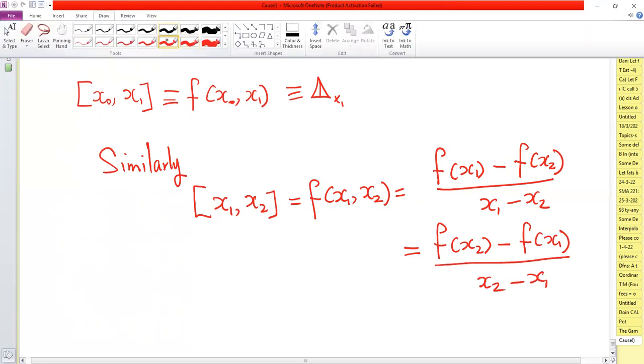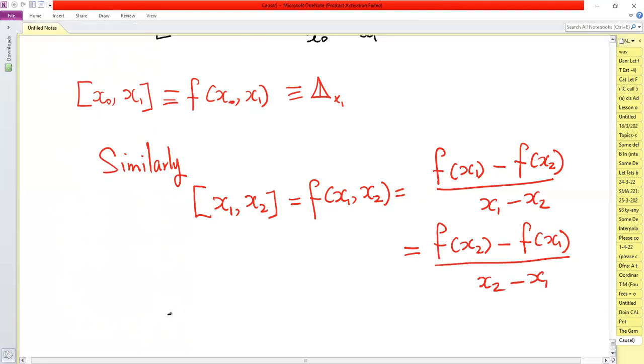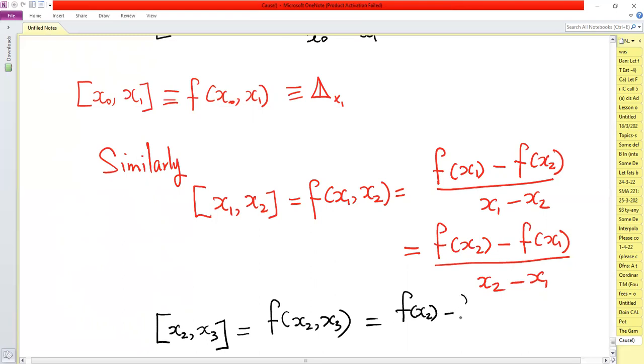Also, if we have x3 and x2, the first divided difference of x2 and x3 is given by f at x2 minus f at x3 divided by x2 minus x3.